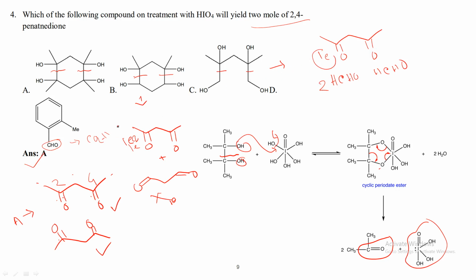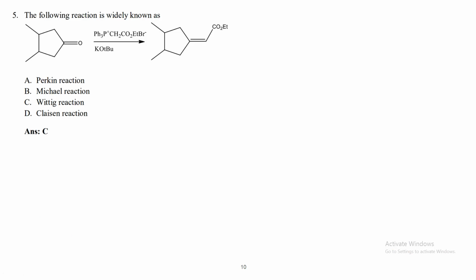So this is also not the right answer. So A would be the right answer. So in this way, you can simply solve this kind of problem. So let's see the next problem.